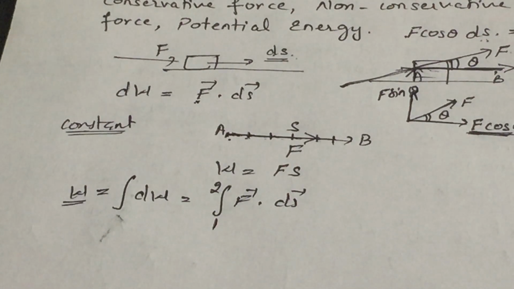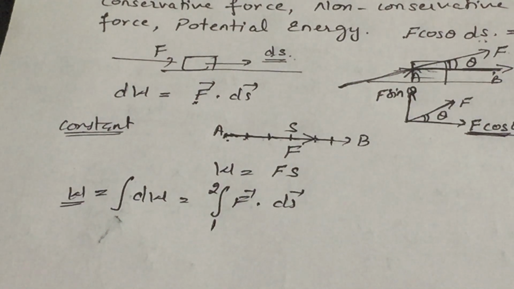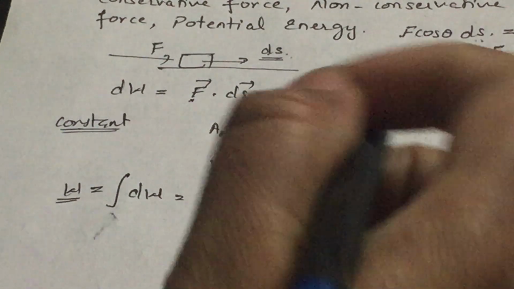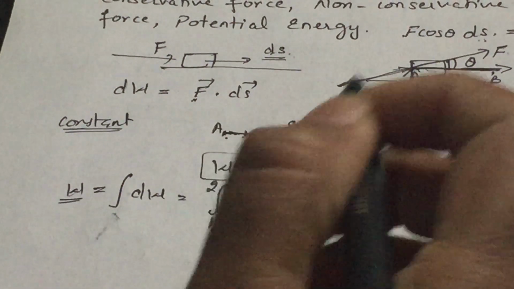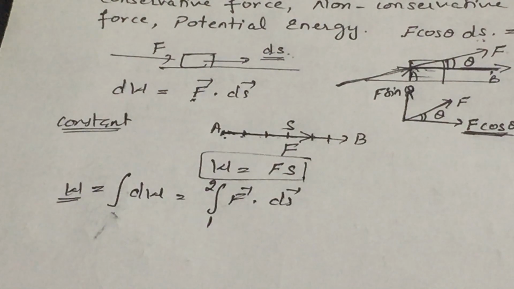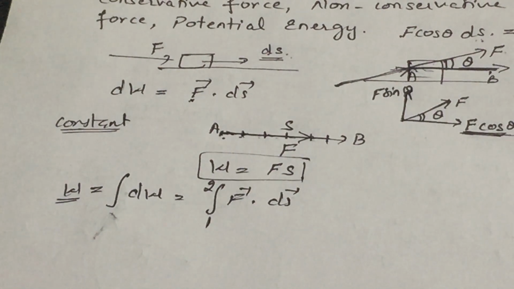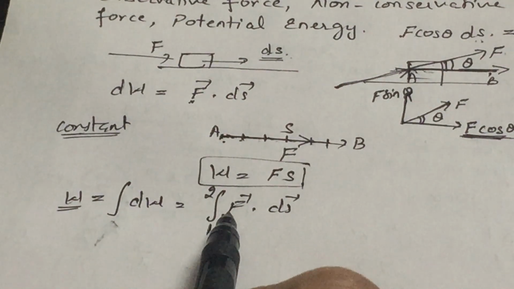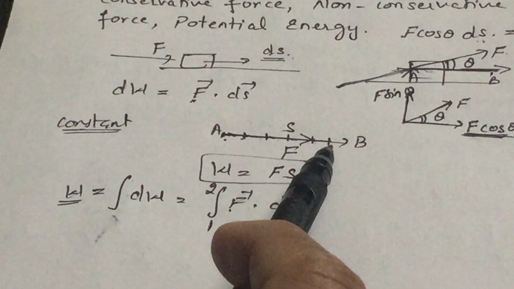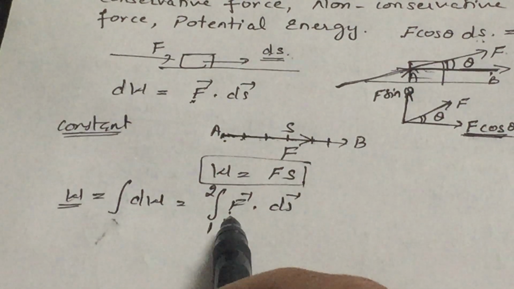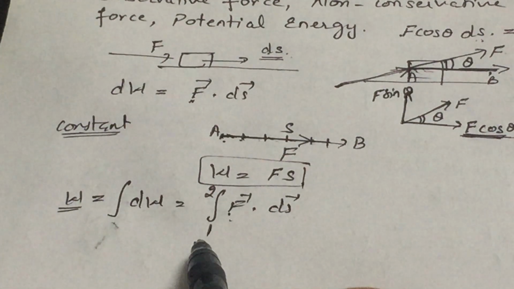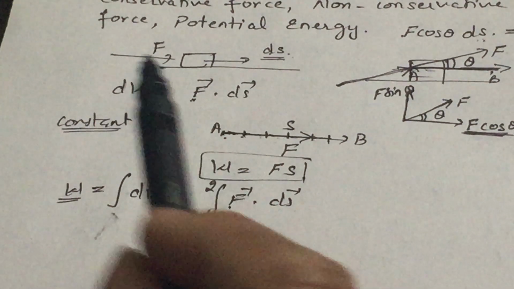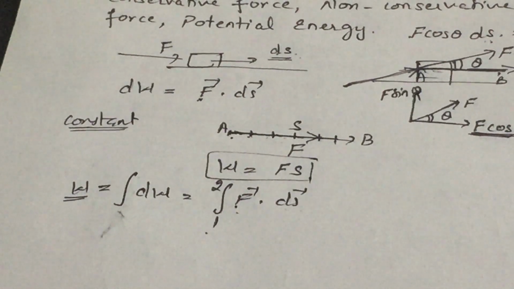It depends whether the given force is constant or variable. If the given force is constant, then you can directly multiply force into displacement if both are in the same direction. But if the force is variable, divide the whole path into small parts and integrate the small parts from the initial position to the final position.